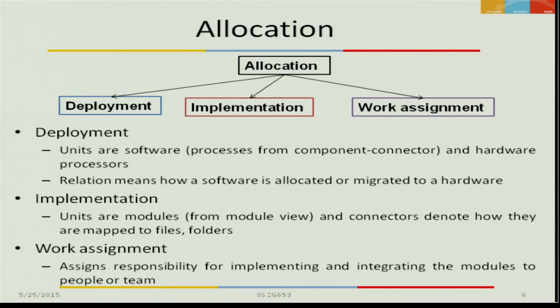Now you are going to use the allocation view, or the allocation structure, and define a proper view so that they are clear. Essentially, you could create an implementation view where you define how modules map to files, and this could be a guiding principle for the designers or developers to develop this software system.